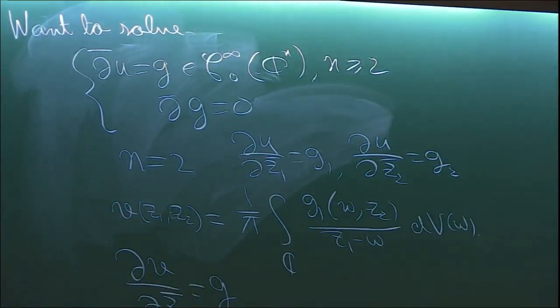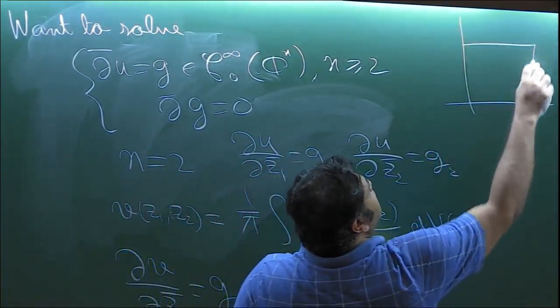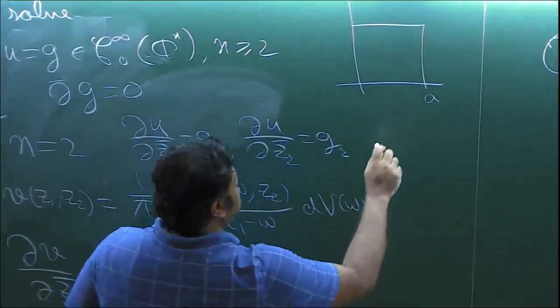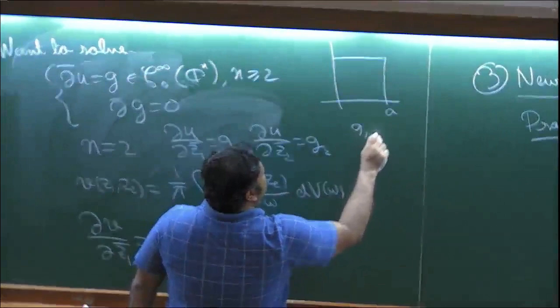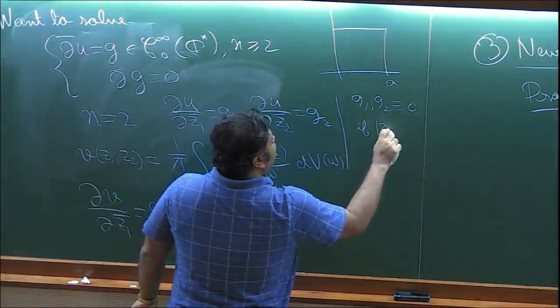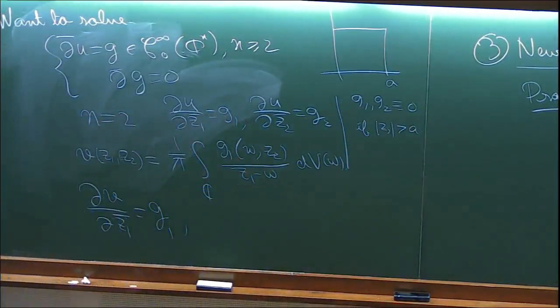So let us say that the support of g is contained inside some polydisk of radius a. So g1, g2 are identically 0 if mod zj is bigger than a. Such a thing definitely exists because we are talking about compactly supported things.